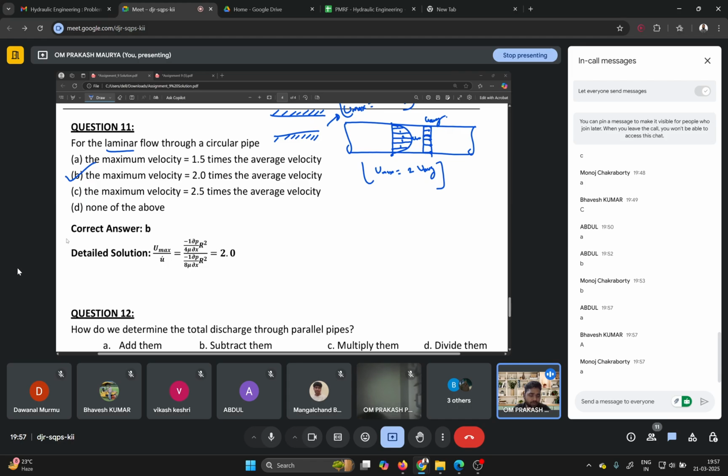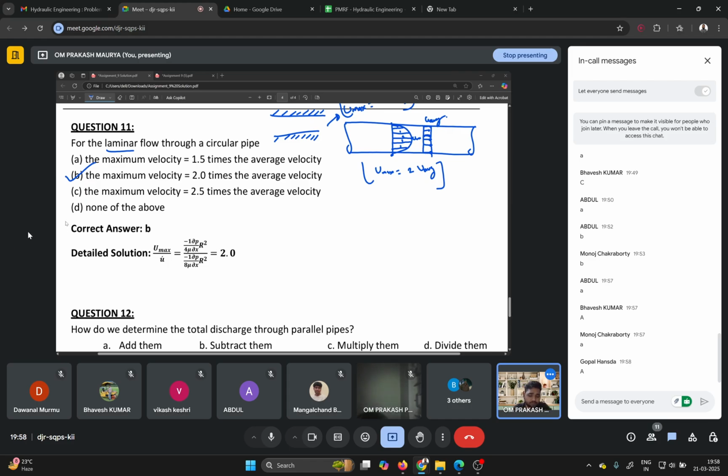Other participants also try to write your answer. Okay, Gopal is also telling A.